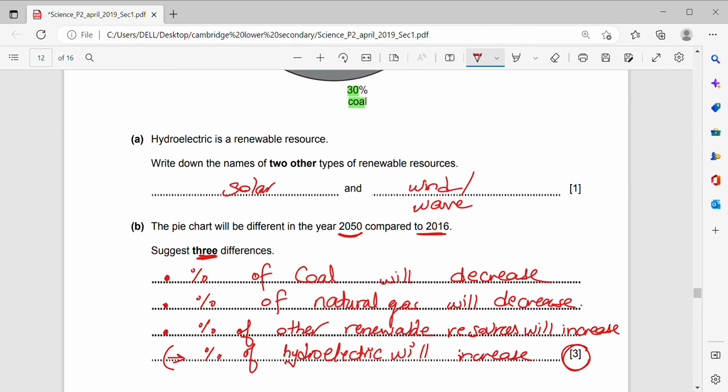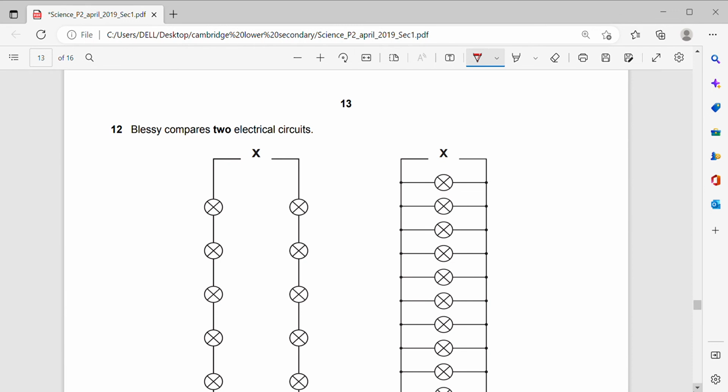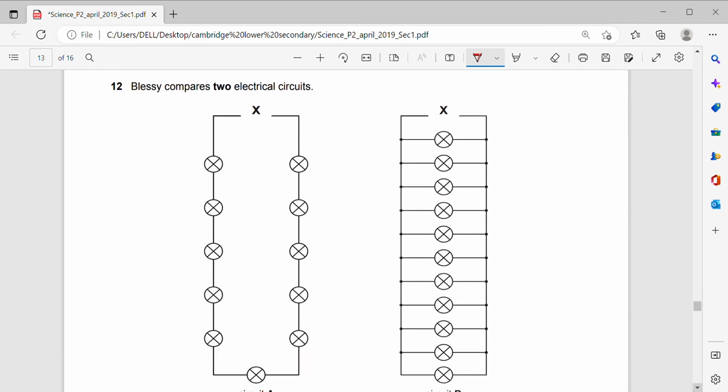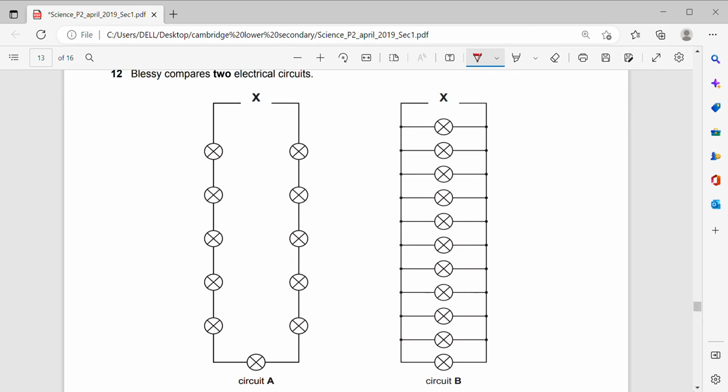Okay, great. Next question. Blessy compares two electrical circuits. I have circuit A and circuit B. We have two electric circuits, A and B. Let's look at circuits A and B together. There are differences of course.